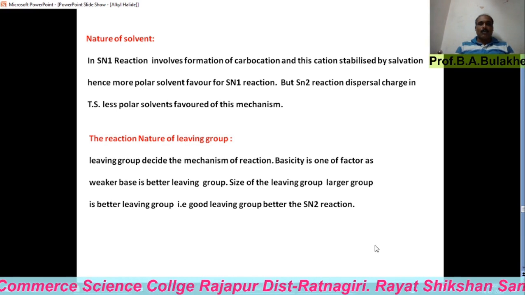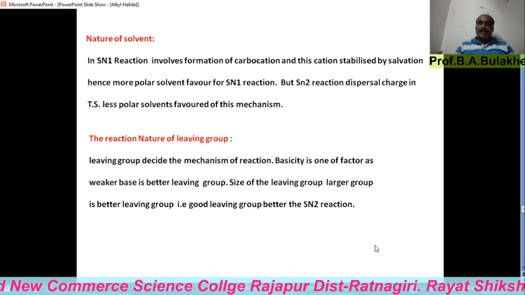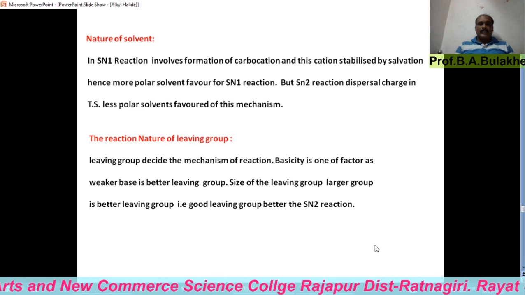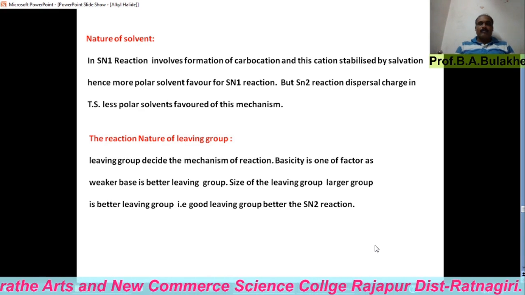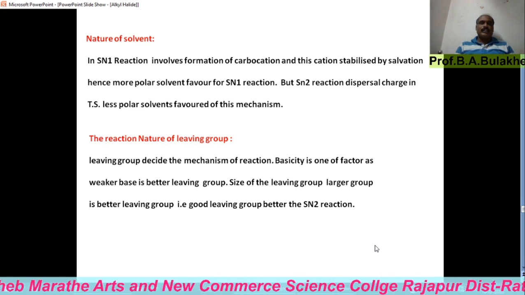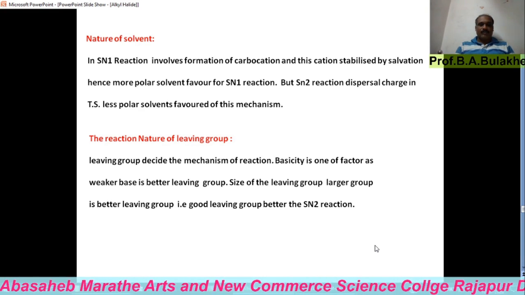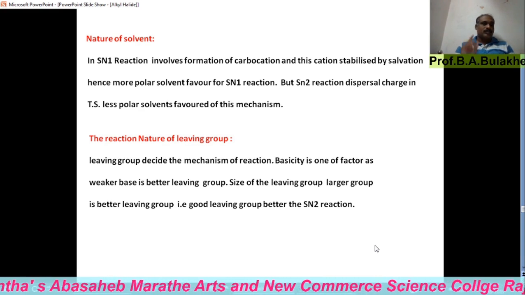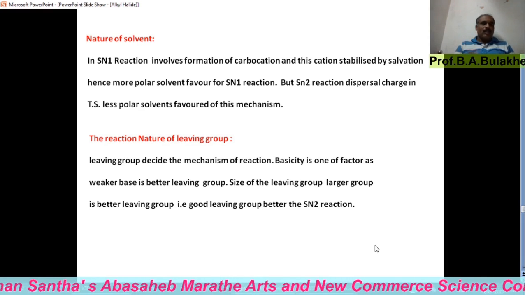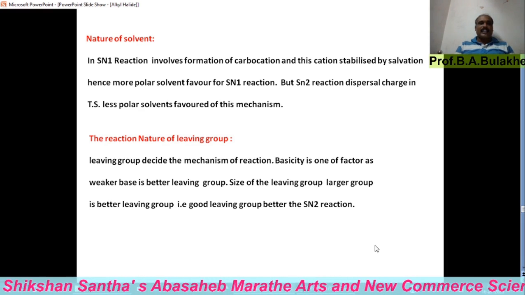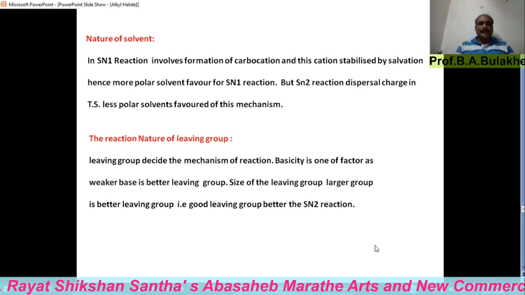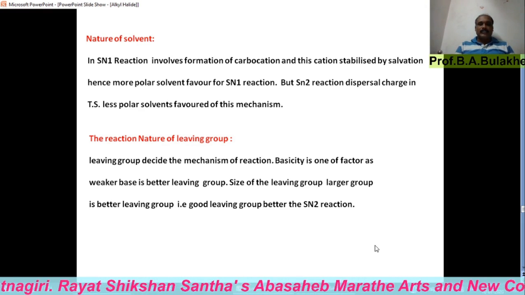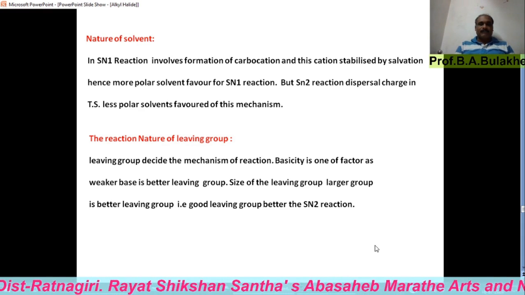A good leaving group increases the rate of SN2 reaction because the bond breaking of the leaving group and the attack of the nucleophile both take place in the slow step.